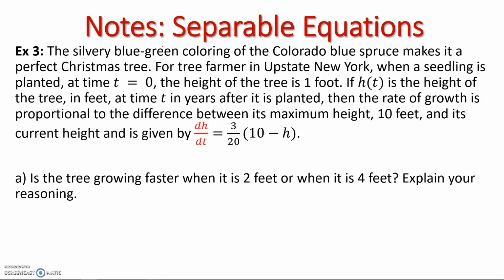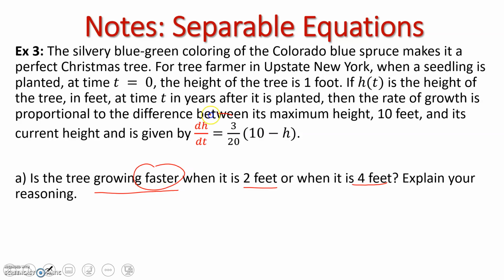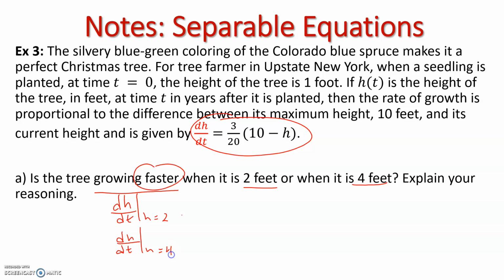Question A, is the tree growing faster when it is 2 feet or when it is 4, and explain. Now, the rate at which it's growing is represented by this differential equation. So what we want to find is dh/dt when h is 2, and dh/dt when h is 4, and we want to compare them.